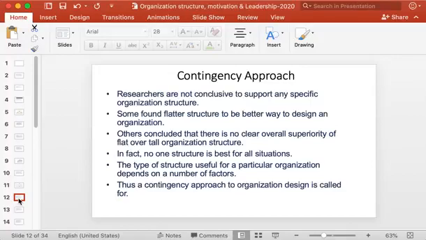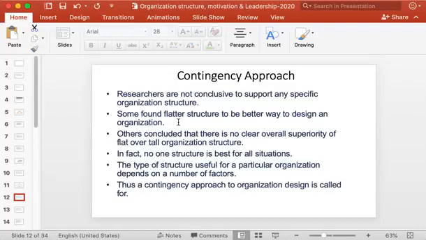Now moving on to the contingency approach to organization design. Even the researchers are not conclusive to support any specific organization structure. Some find a flatter structure to be a better way to design an organization.